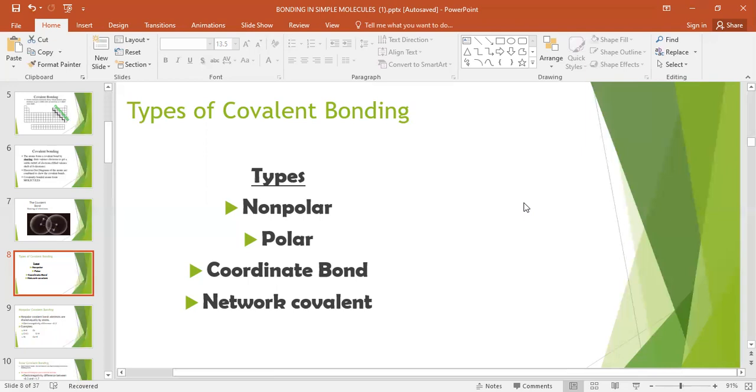Clear now? Like North and South Pole. But we cannot write directly positive and negative because they are not going to transfer, they are going to share the electron. That's all. And non-polar, we cannot divide into positive and negative.